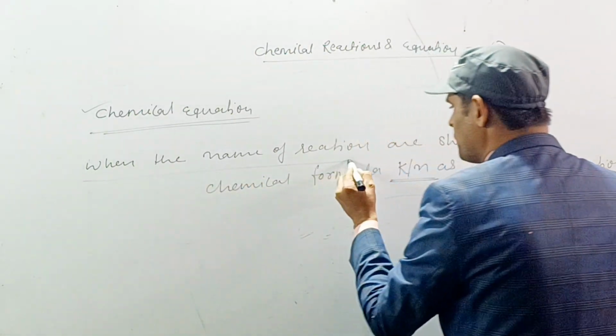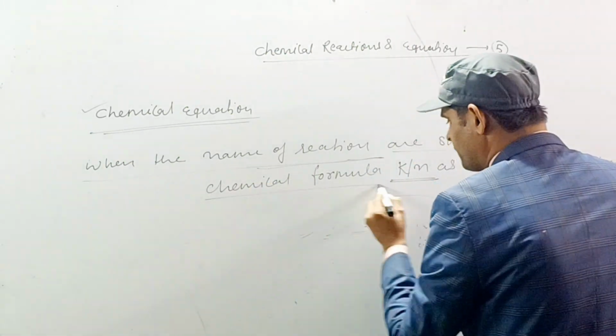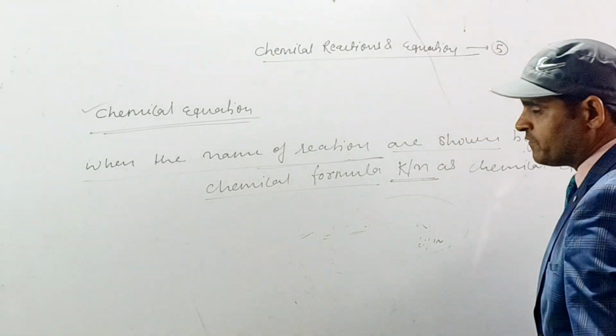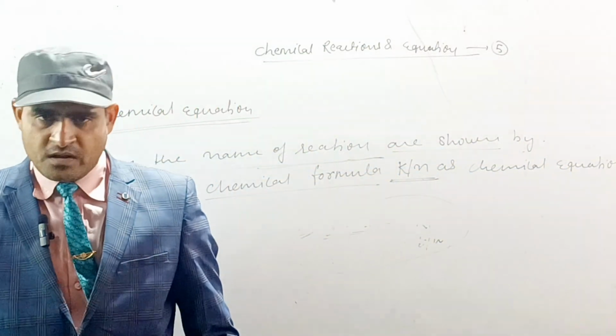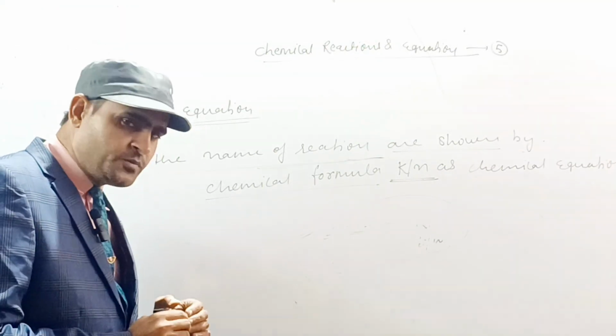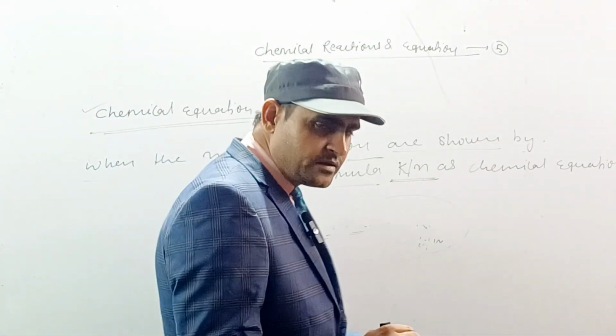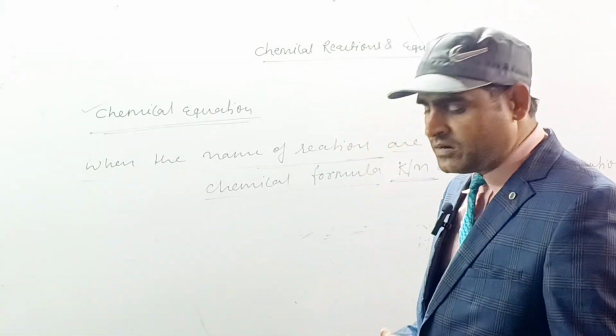When the name of the reaction is shown by the chemical formula, it is known as the chemical equation. The examiner wants to get your answer, and your answer should be supported by a suitable example.